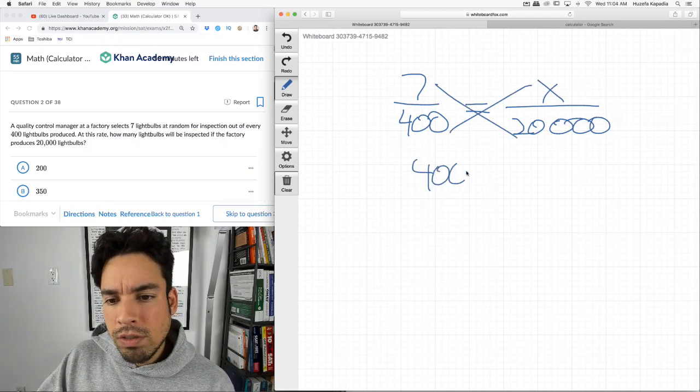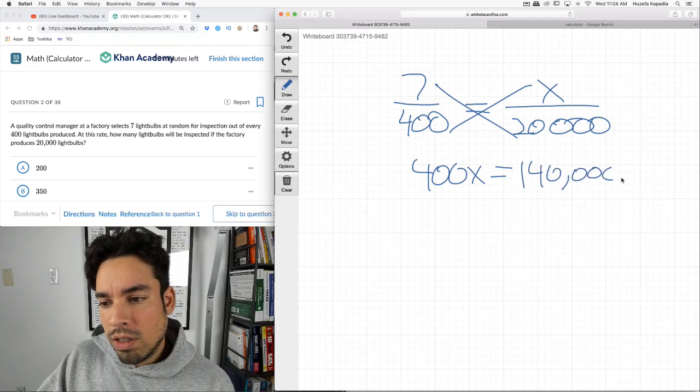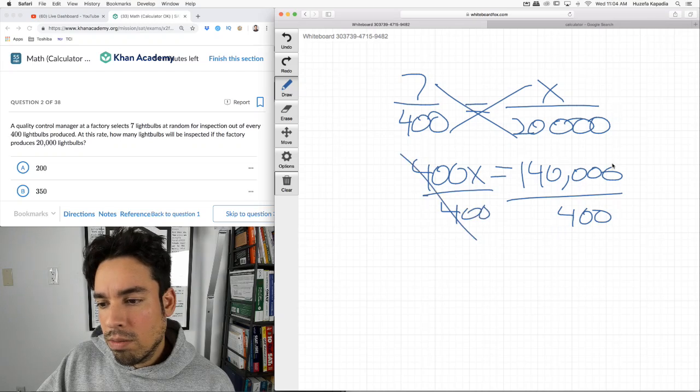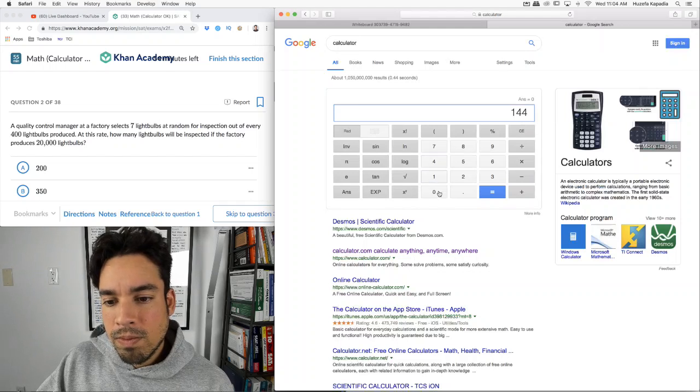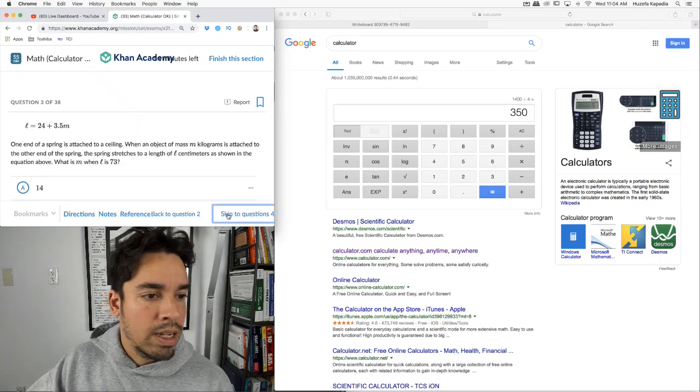Simple proportion, 400x equals 140,000. Divide both sides by 400. So 1,400 divided by 4. It's 350, I think. 350. Boom. Next.